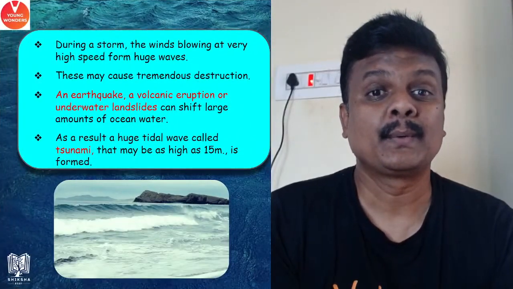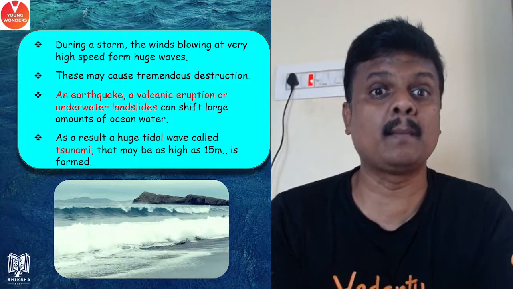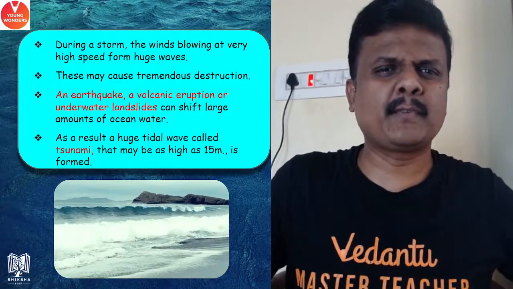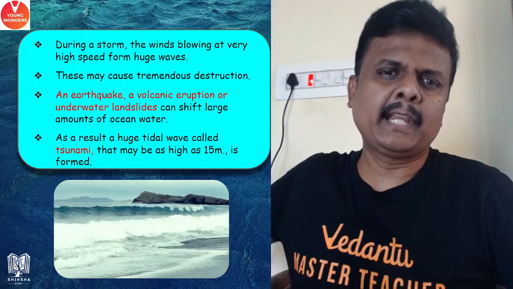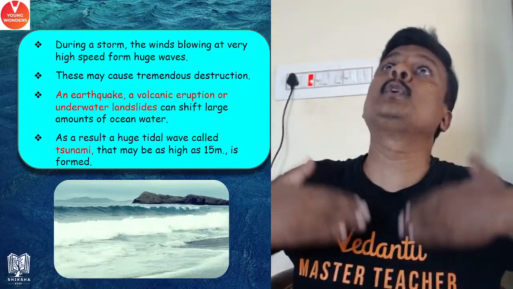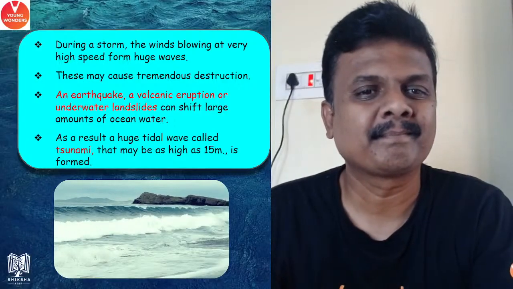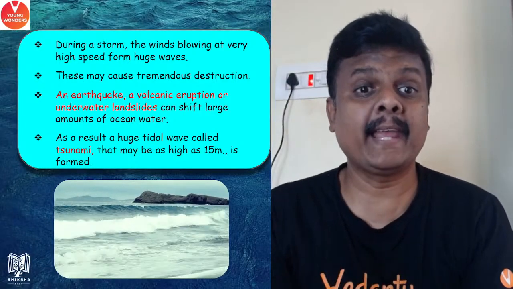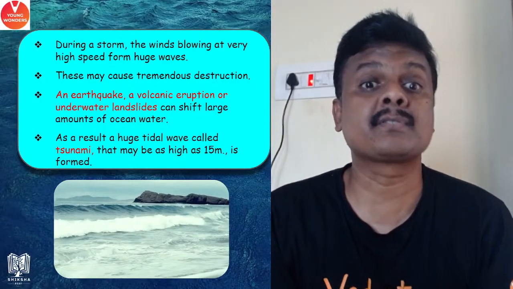Now, remember, when there is a storm, what happens? Heavy winds will be very strong, right? And they hit the ocean surface at such high speed that huge waves start coming up. Alright, and these waves can cause tremendous destruction.